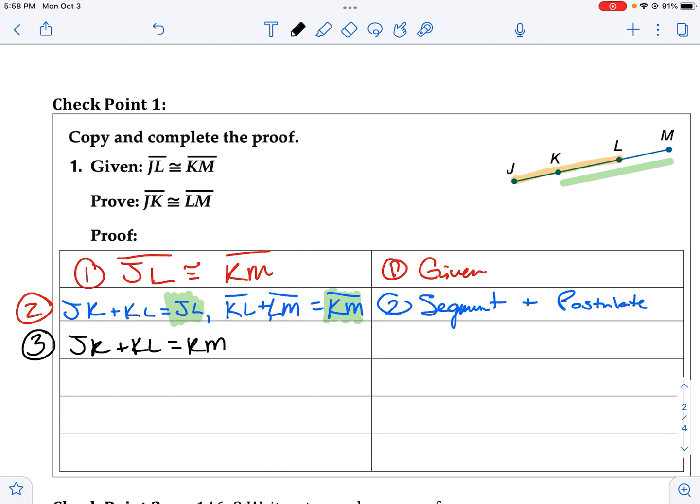Now, I know that I can do that because JL and KM are the same. I probably shouldn't have these segment lines above those. Okay, so I did my segment addition postulate. I did my substitution.